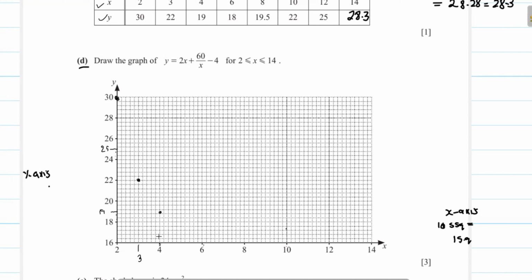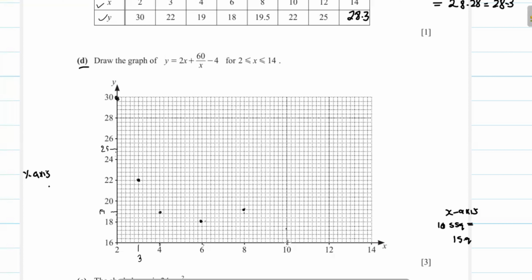And next is 6, 18. x is 6 and y is 18. Therefore, this position will be 6, 18. And next is 8, 19.5. You see here, this is 8 and this is 19. 19.5 is just above the 19. This position will be 19.5.